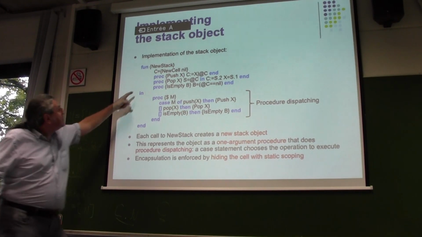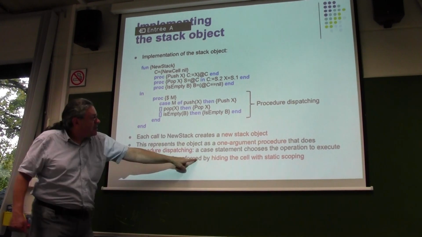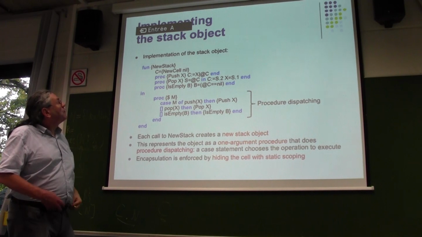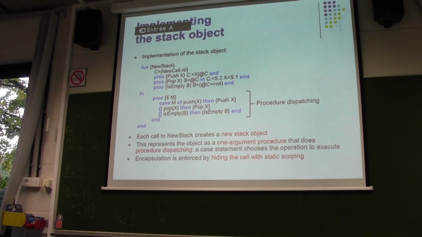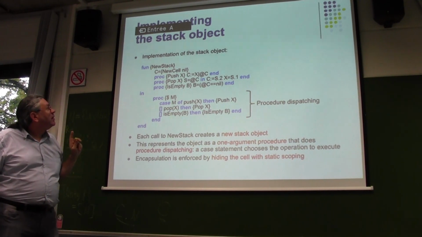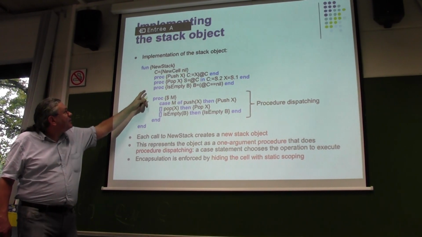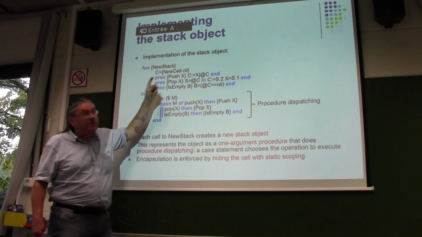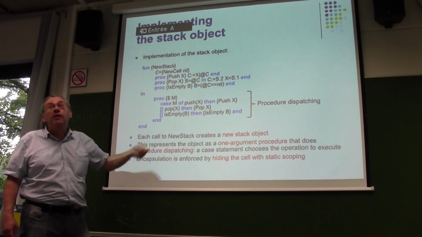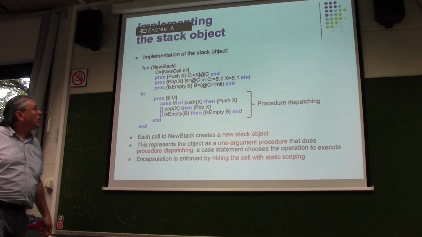And this cell here is hidden inside using static scoping. Notice you do not need wrap and unwrap here because of the static scoping, because we're using state. So the state is hidden inside, and you can update it.